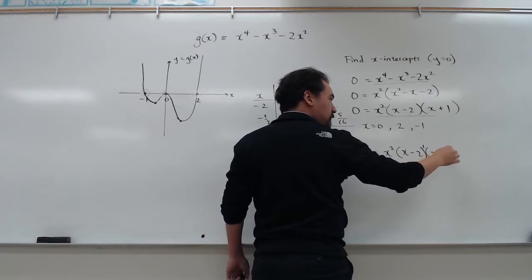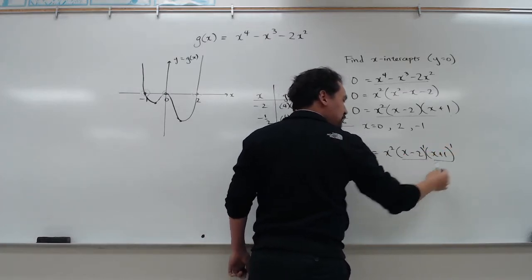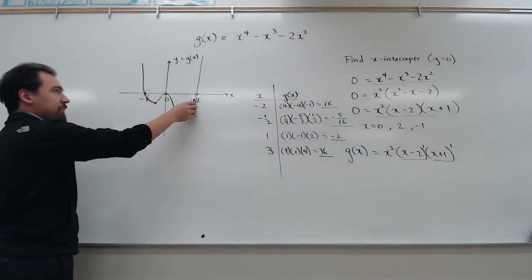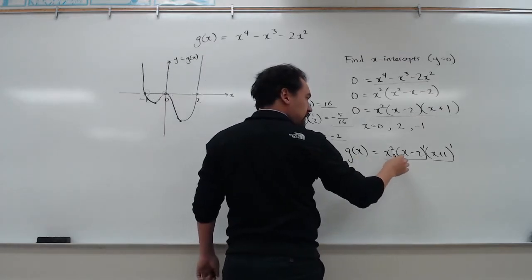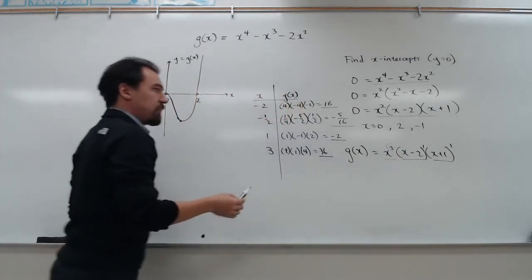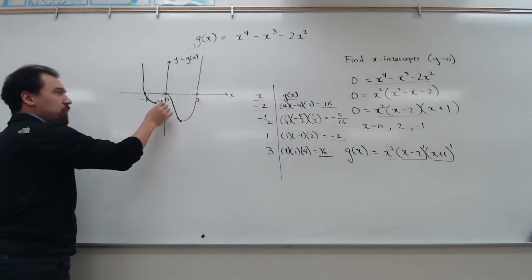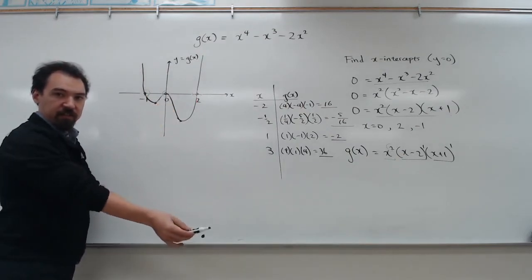So notice here the power is 1 and the power is 1. These two correspond to x-intercepts, where you go through the x-axis, and here, this 2 corresponds to a place where you touch and turn at the x-axis.